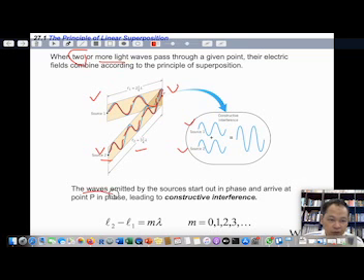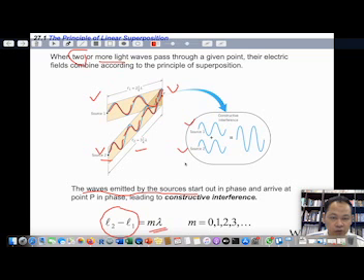So the waves emitted by the sources start out in phase, even if they have different phase later. For example, this is source 1 and source 2. They have different distances, and you have L2 minus L1 equal to something like this.